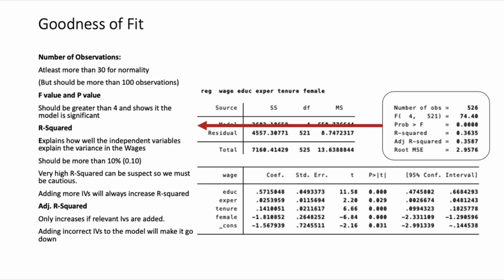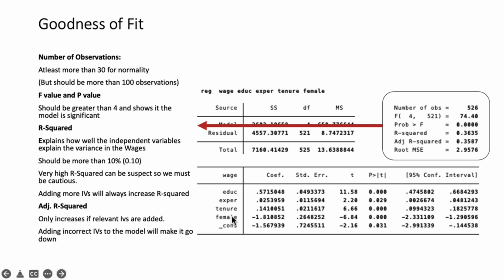However, when R squares are very high, more than 80%, 90%, then your results become suspect, because explaining more than 90% would be very tough. And the thing about R squares is that if you keep on adding more variables as your independent variables, your R square will keep on going up. And this is a problem.